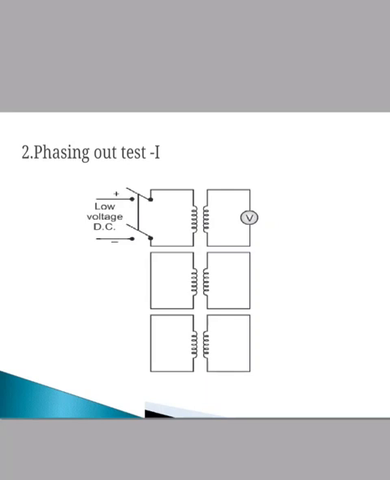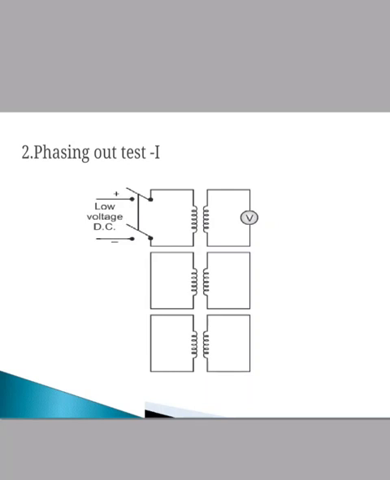And if the voltmeter happens to be connected across the secondary winding of the primary phase winding to which the DC supply is connected, the voltmeter will indicate a deflection. Suppose this is the first phase, and in the first phase of the secondary we connect the voltmeter, then the voltmeter will indicate the deflection.